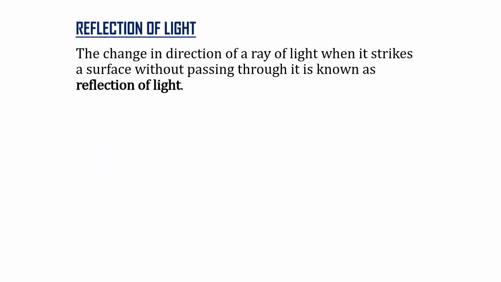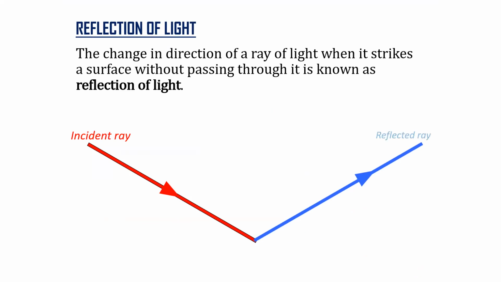For example, in the reflection of light, the light changes direction when it strikes the surface. This is an incident light which strikes the surface, and the light which bounces back is known as the reflected light. The imaginary line which is perpendicular to the surface is known as the normal.